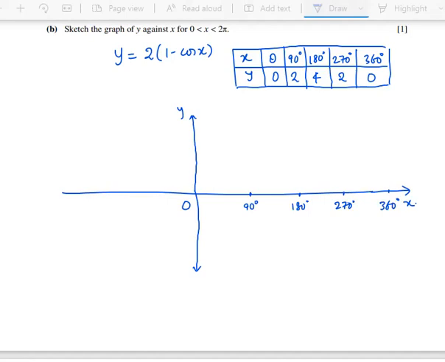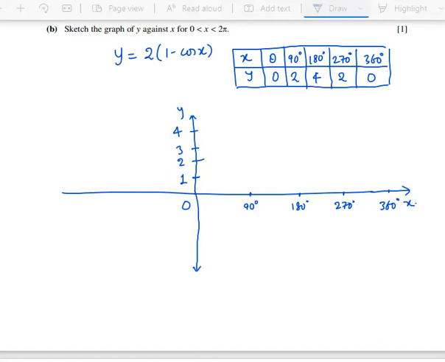Then y varies from 0 to 4, so 0, 1, 2, 3, 4. Now we will plot these points. Mind it, here x is not equal to 0 and x is not equal to 2 pi, so we have to consider greater than. At x equals 0, y is 0 at this point, so we don't have to touch this point.